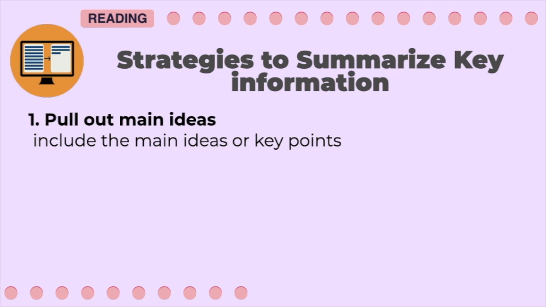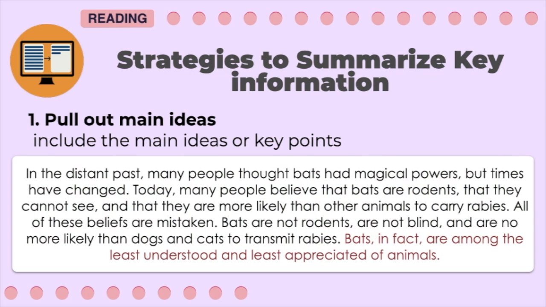Pull out main ideas. Find and include the main ideas or key points of the text. Here is a sample text written by Bobby Shun entitled Bats. In the distant past, many people thought bats had magical powers, but times have changed. Today, many people believe that bats are rodents, that they cannot see, and that they are more likely than other animals to carry rabies.